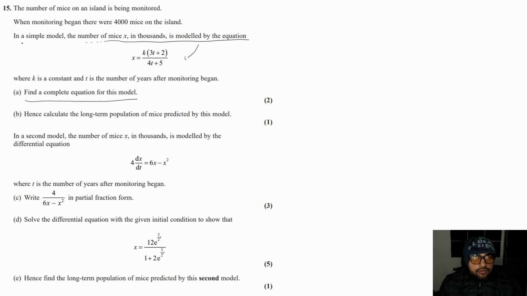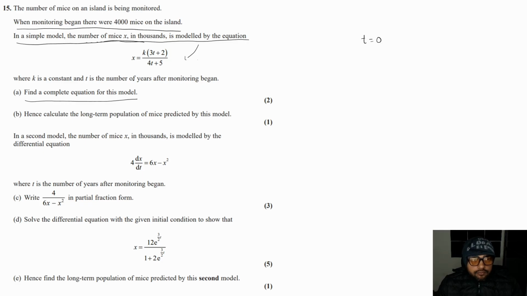In a simple model, the number of mice x in thousands is modeled by the equation. Even they have told us that when monitoring began, there were 4,000 mice on the island. So when the monitoring began, t at that time will be 0.